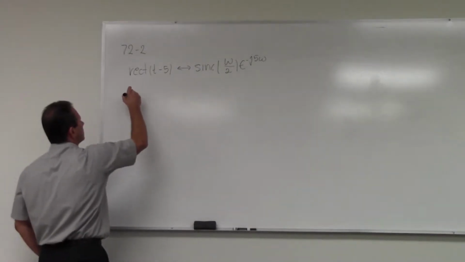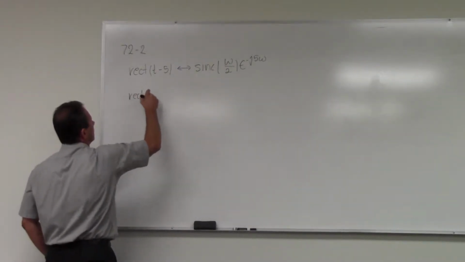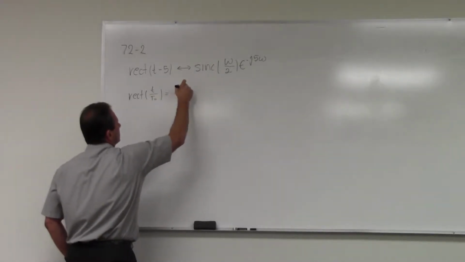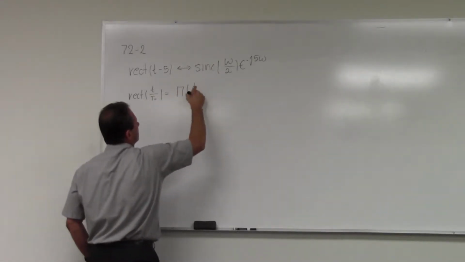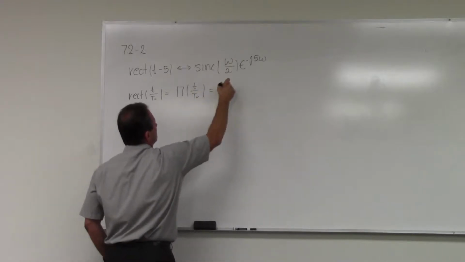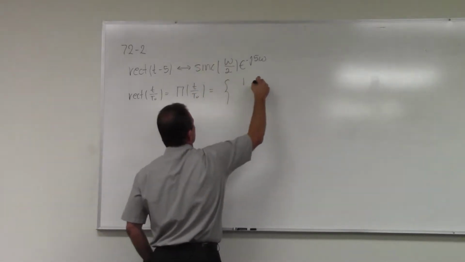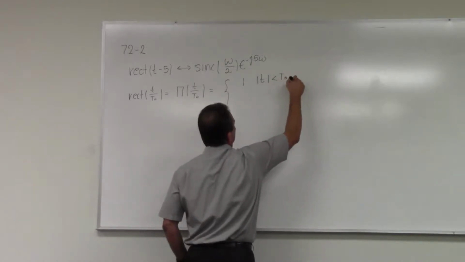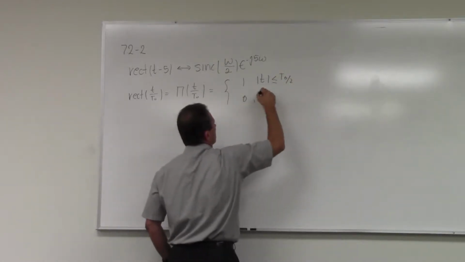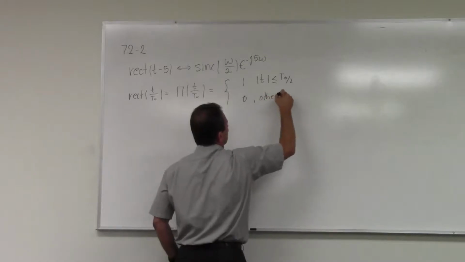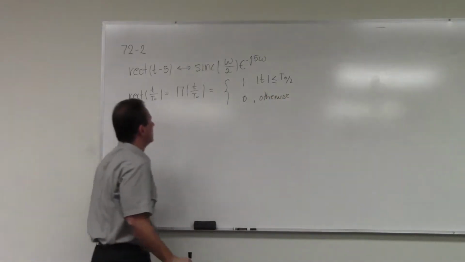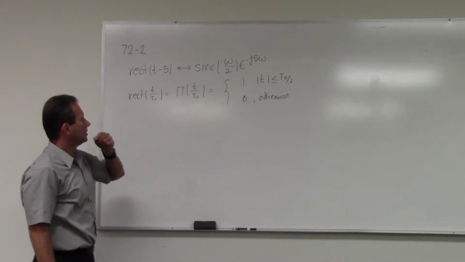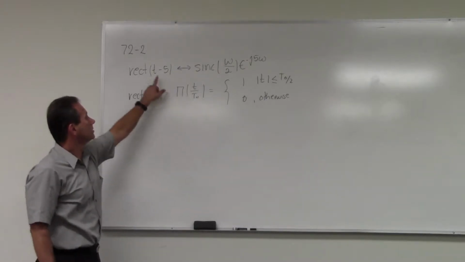This function rect of t over t0 is defined as a function which is 1 for t smaller than t0 over 2 and 0 otherwise. In other words, it represents the square pulse that's centered at the origin and has a width of whatever is downstairs.